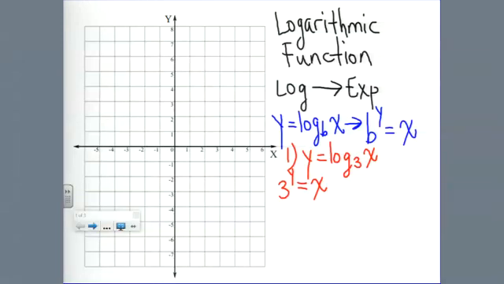Now, this time around, we can find points by plugging in values for y to get each x value. I'll just pick a negative number, 0, and let's say a positive number.